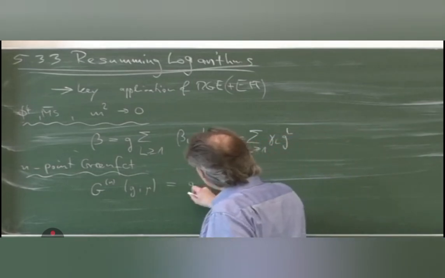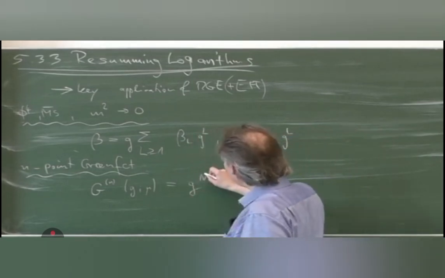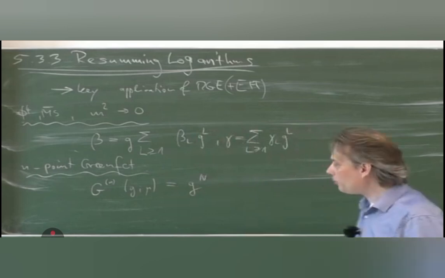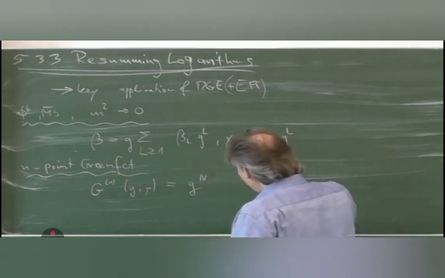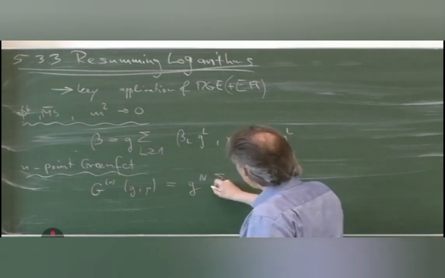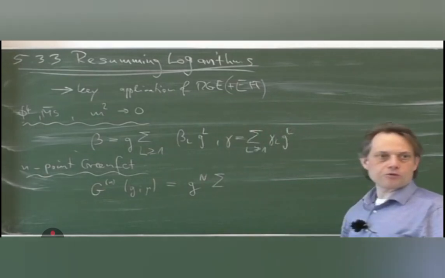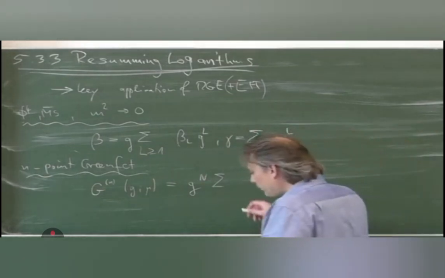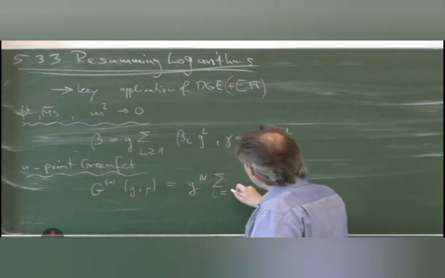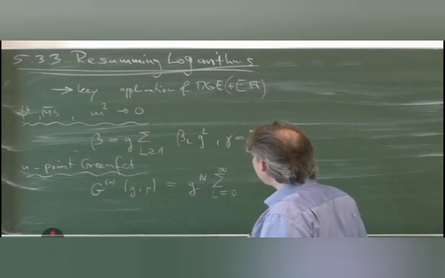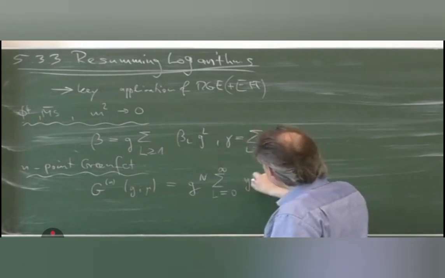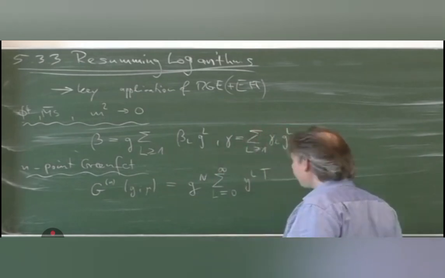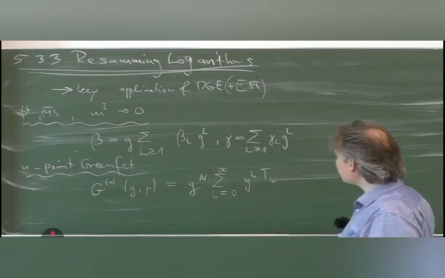Therefore, at lowest order, we have some power of the coupling to the capital N, and N depends on the Green function. But then at every additional loop order, there is one additional power of the coupling. So we get a sum over L from 0 to infinity of the coupling to the power N plus L times some coefficient function G_L.